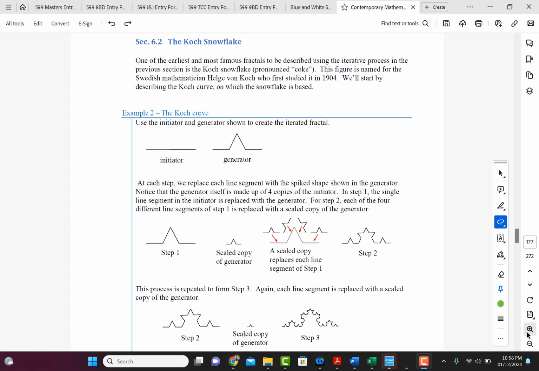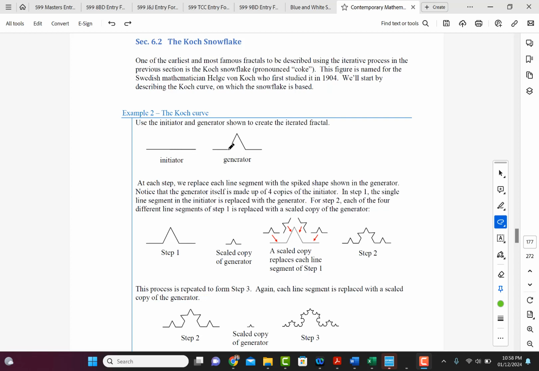We'll start by describing the Koch curve on which the snowflake is based. So the way it works is you have the initiator, which is just a line, and then the generator. And this is just to create the iterated fractal. Notice the generator is we take the middle third, right? So basically they're all equidistant.